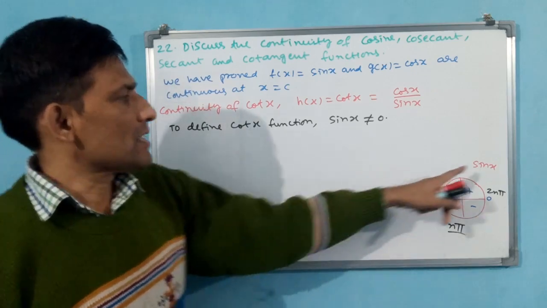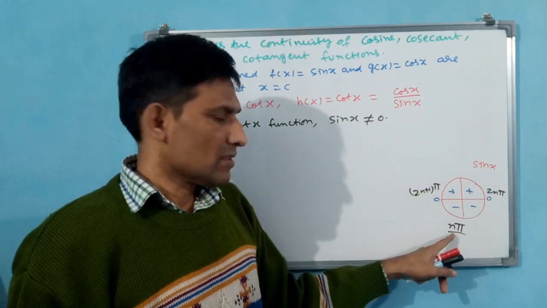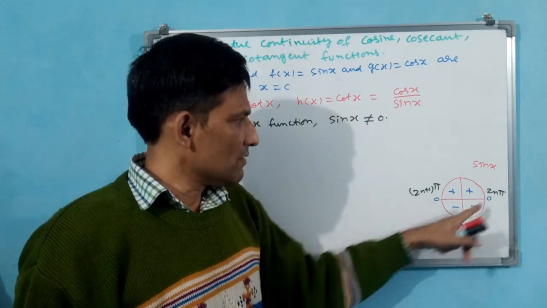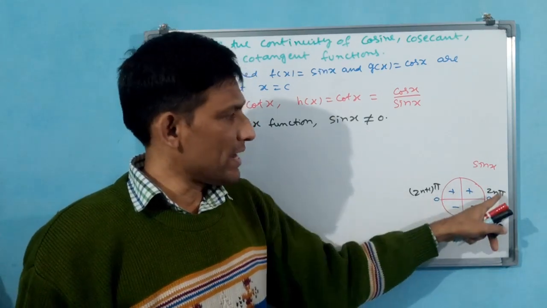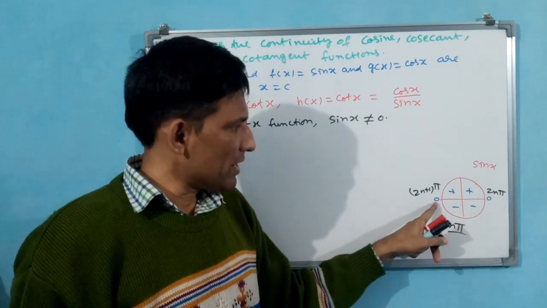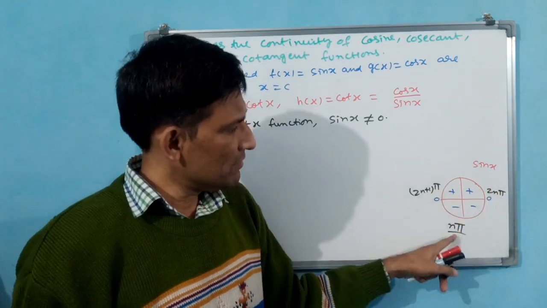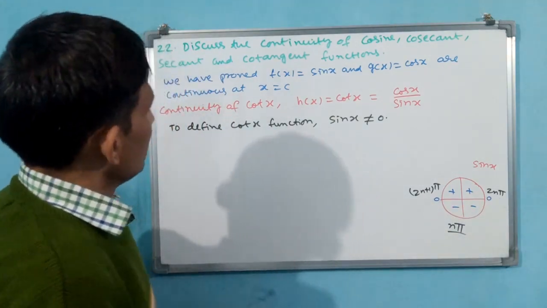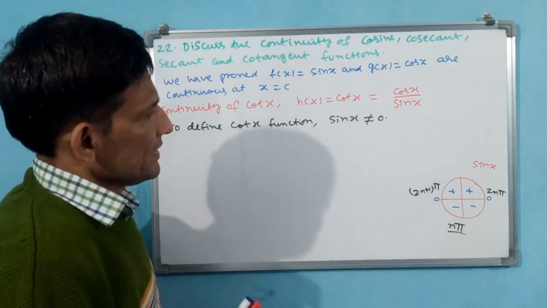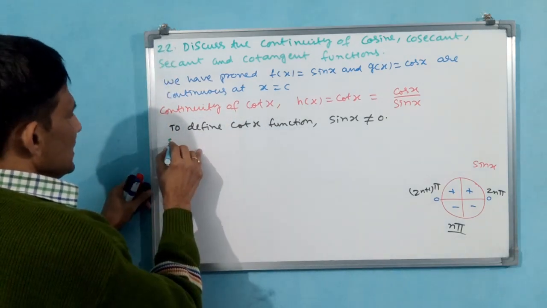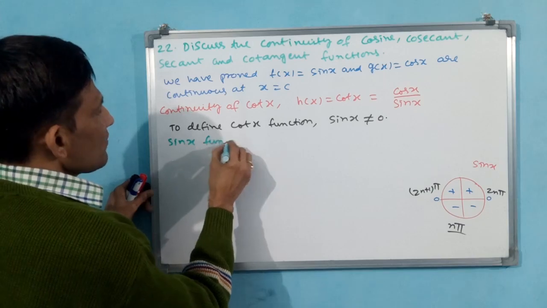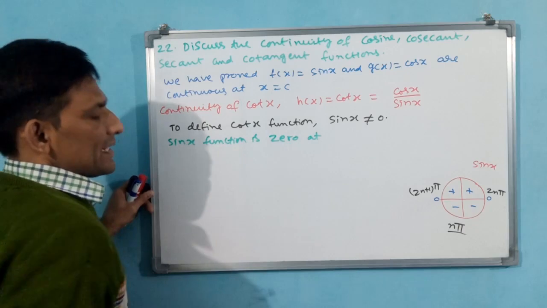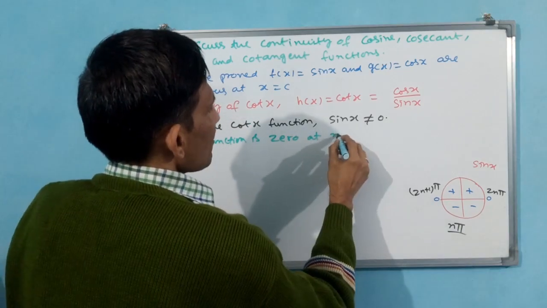Sin x is 0 at n pi, where n is an integer: 0, 1 pi, 2 pi, minus 1 pi, minus 2 pi, like this. That means you write down: the sin x function is 0 at n pi.